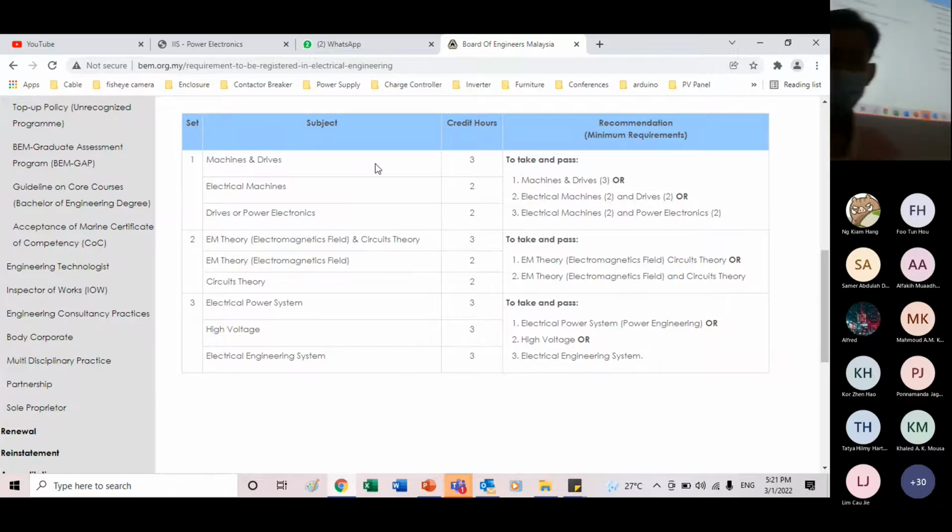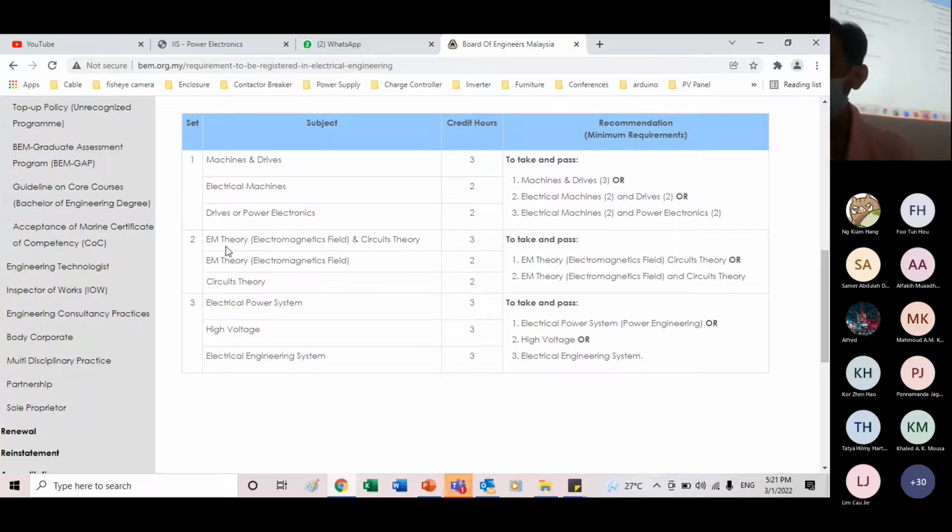Now, you must have machine and drive. You all study electrical machine, right? Check. Drive or power electronic. Check. EM theory, EMT 1. At least you must have one.